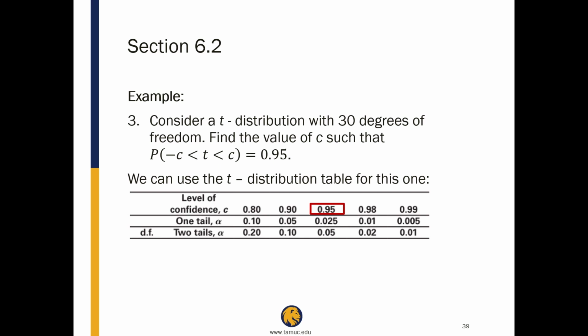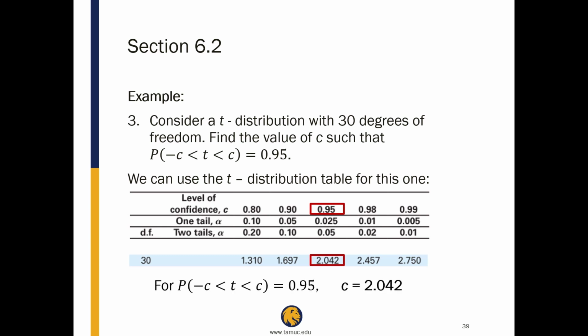So we start with that column, then go down until we find the degrees of freedom for 30, correspond the two together, and we get a value of 2.042. That value represents the value of c. c is equal to 2.042 in order to make this probability equal to 0.95.